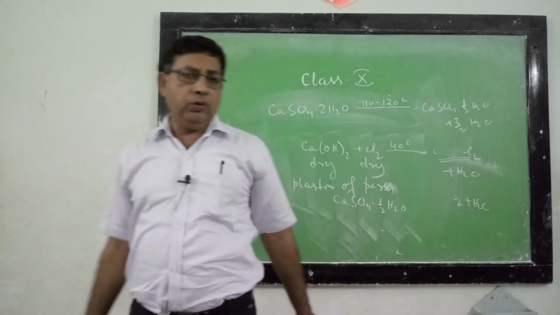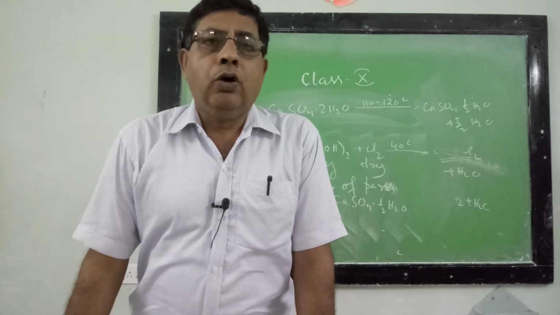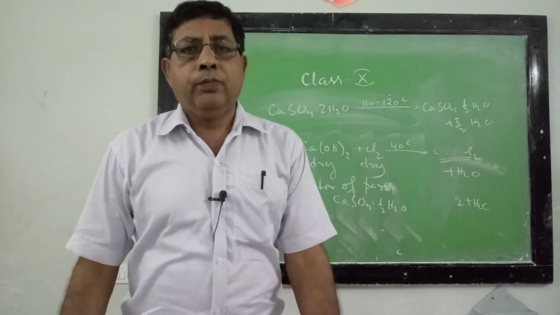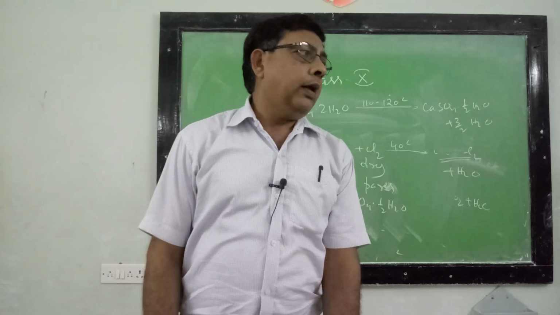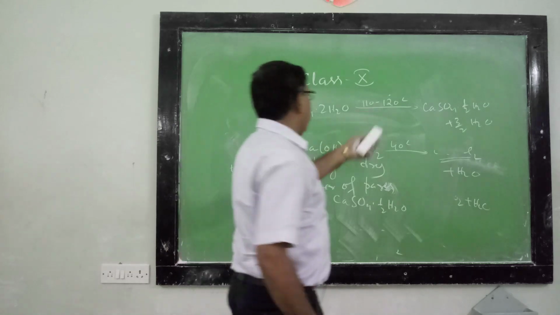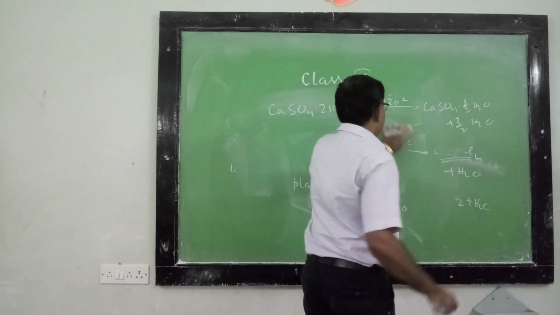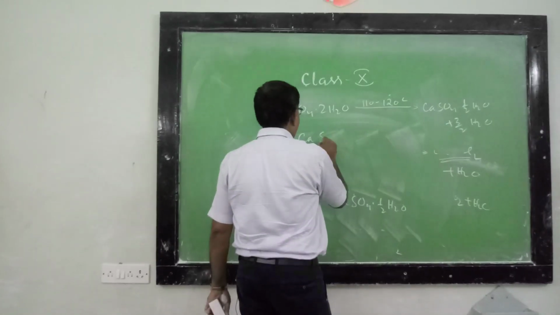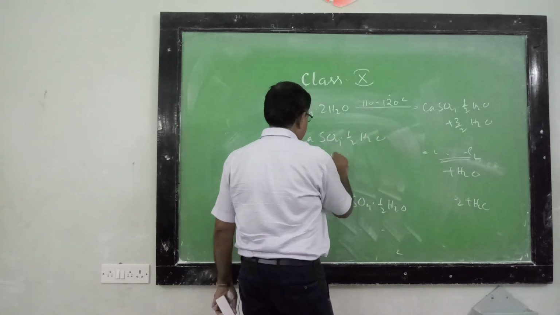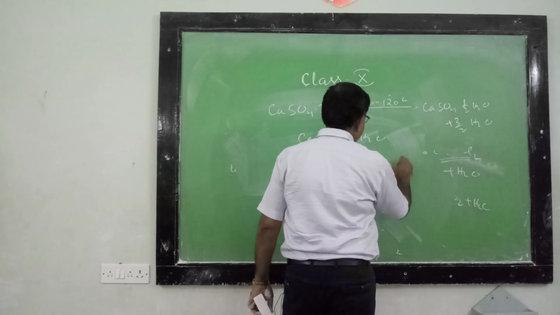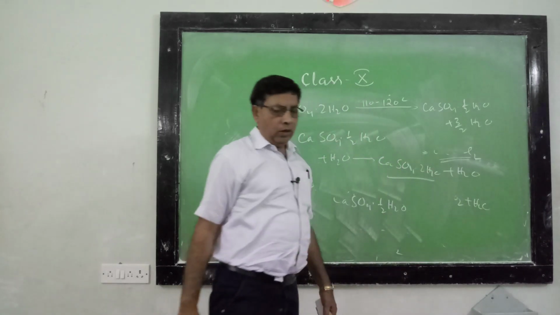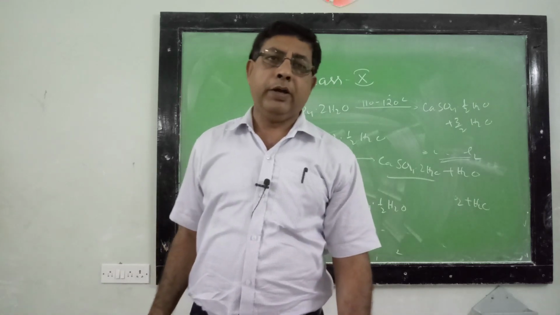It is mainly used to prepare statues or models and in plaster for broken bones. When plaster of Paris, CaSO4.1/2H2O, is mixed with water, it is again converted to gypsum, CaSO4.2H2O, which makes the substance very hard.